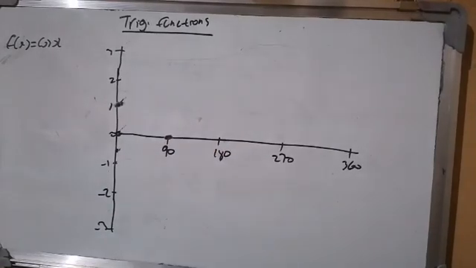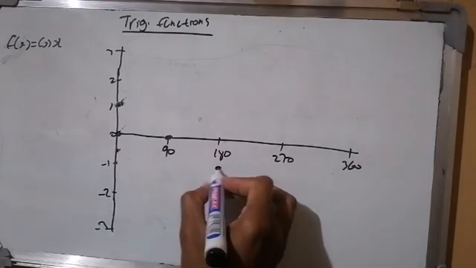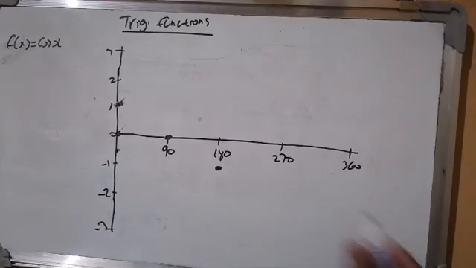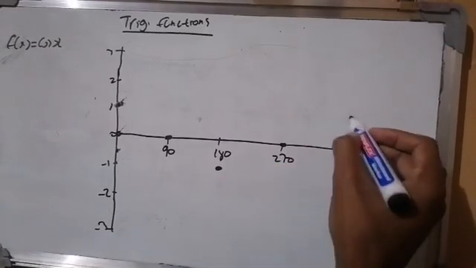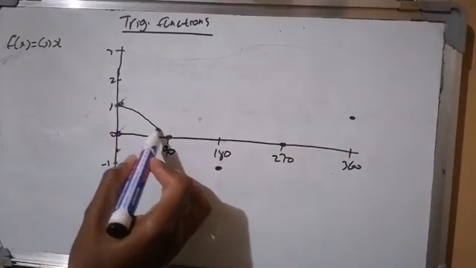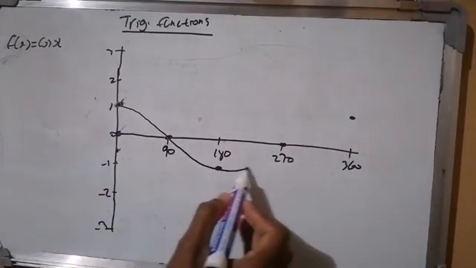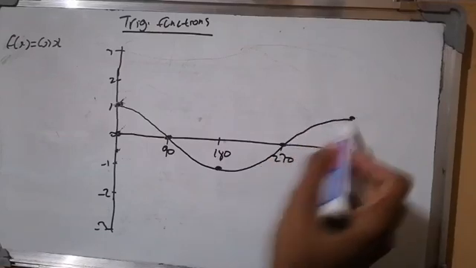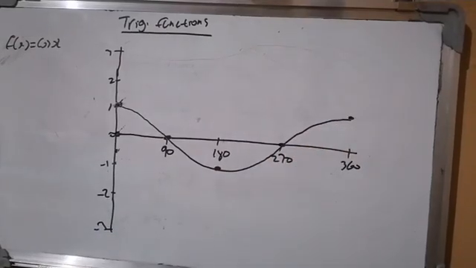Then 180, it will be at -1 down there. Then 270 is going to be 0. And then 360 is going to be 1. So you just have to trace, and you will see that this is the shape of the cos graph. This is how it's going to look when you draw.